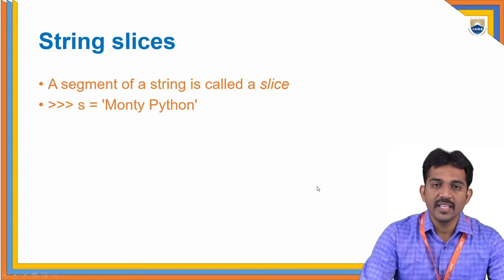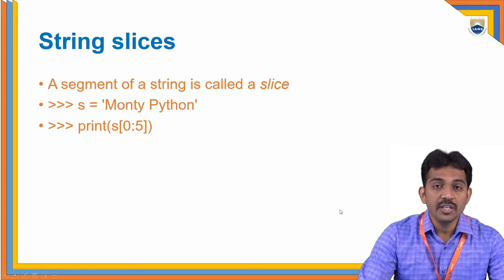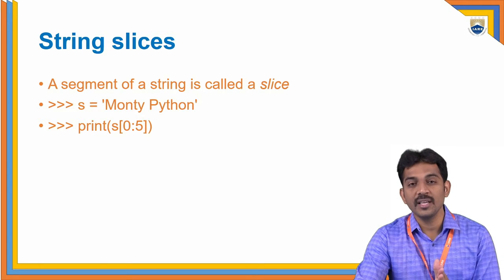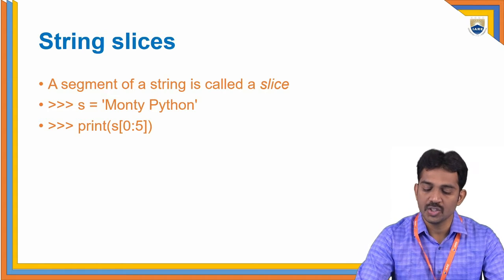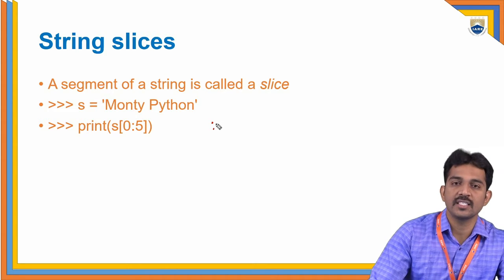I'll show you how. For example, S is a string that contains Monty Python. Up to now you just used only the index, right? But here you are going to use the colon operator. Please note this. The colon inside the brackets is going to operate the slicing.